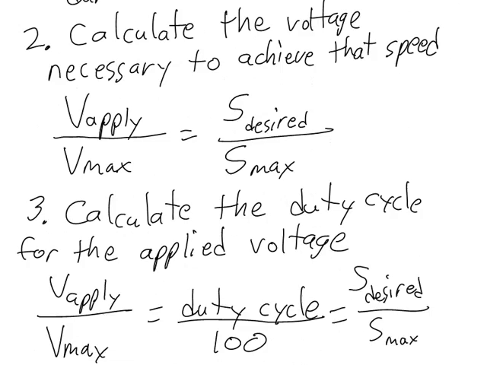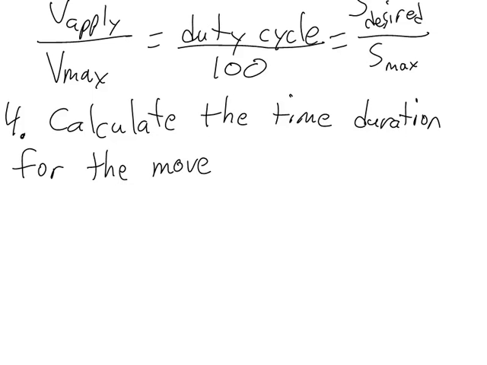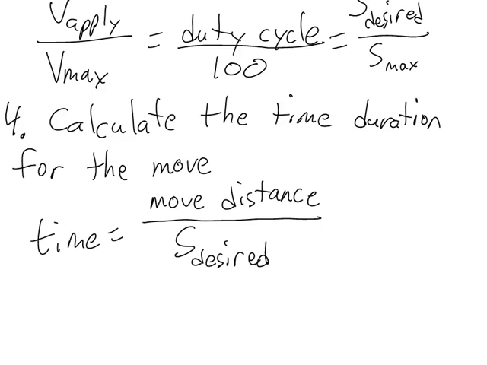So you can calculate the time duration like this. The time duration for the move is equal to the move distance, which for us we are representing as d, the displacement of a prismatic joint, divided by the desired speed.